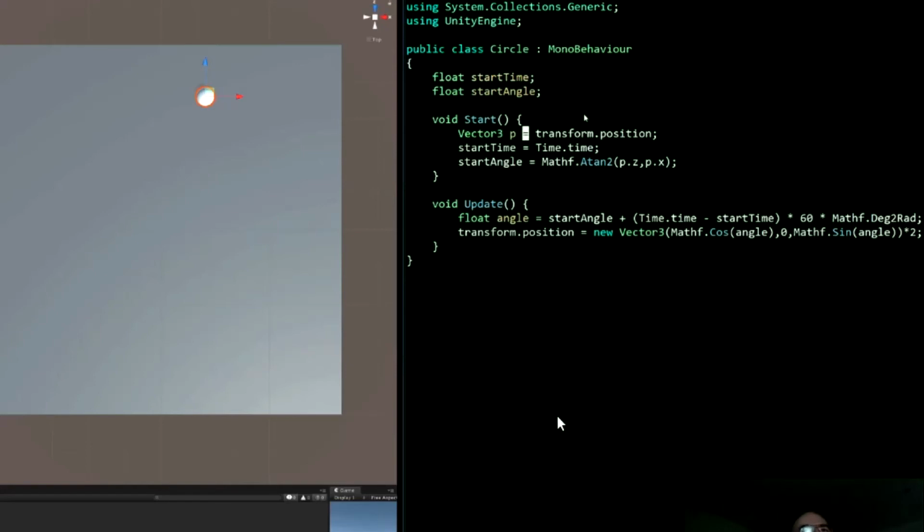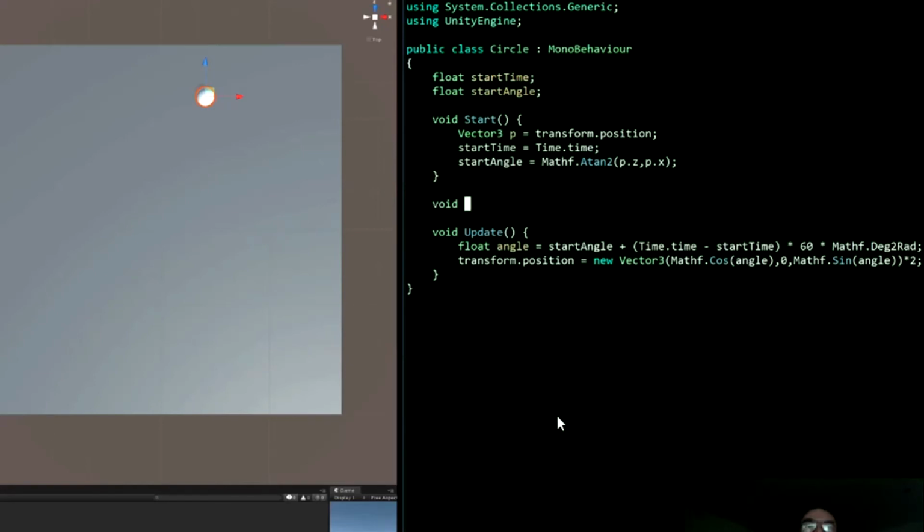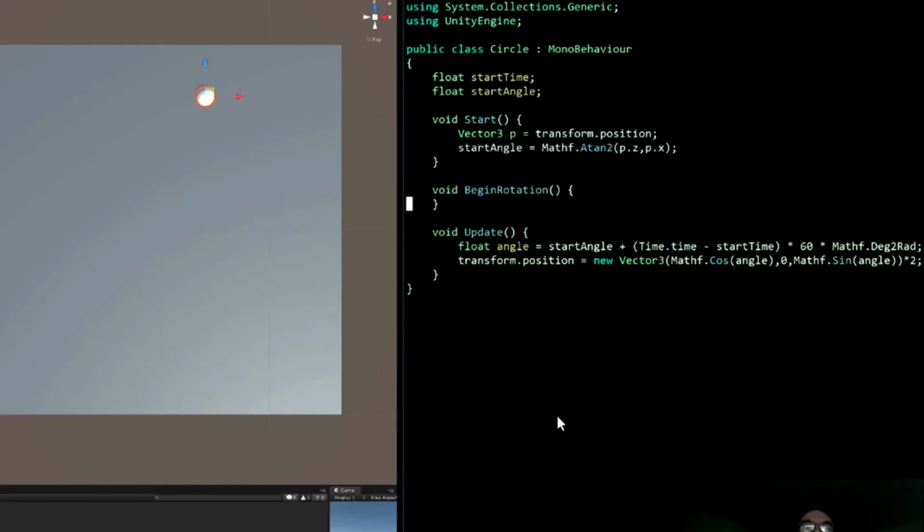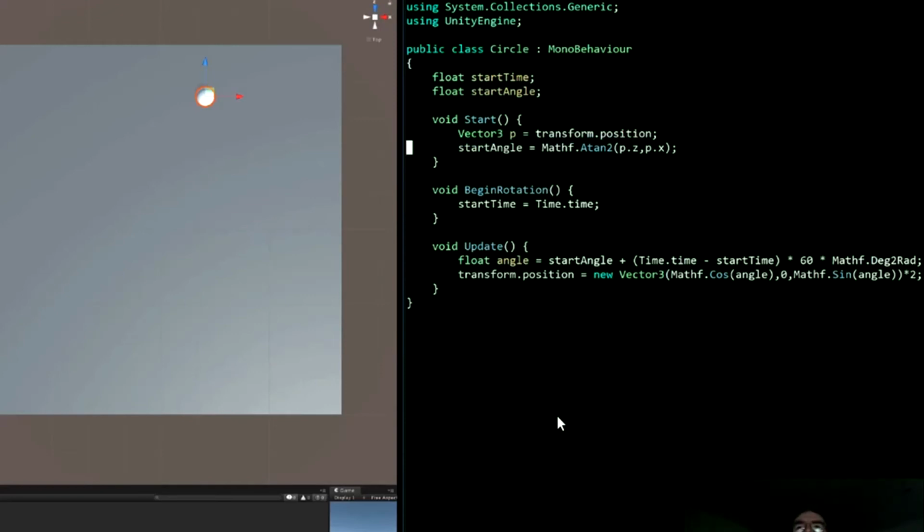And a way of doing that would be, I'm just thinking, what is a cheap way of doing that? We've got the start here. I'm going to create a function called begin rotation.